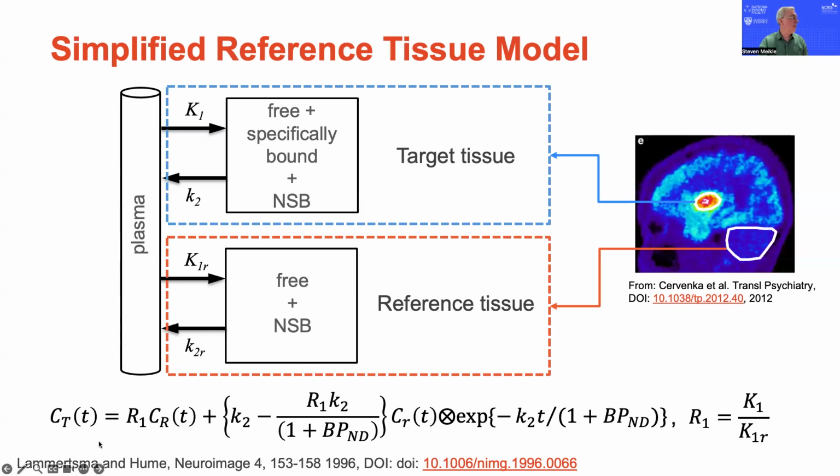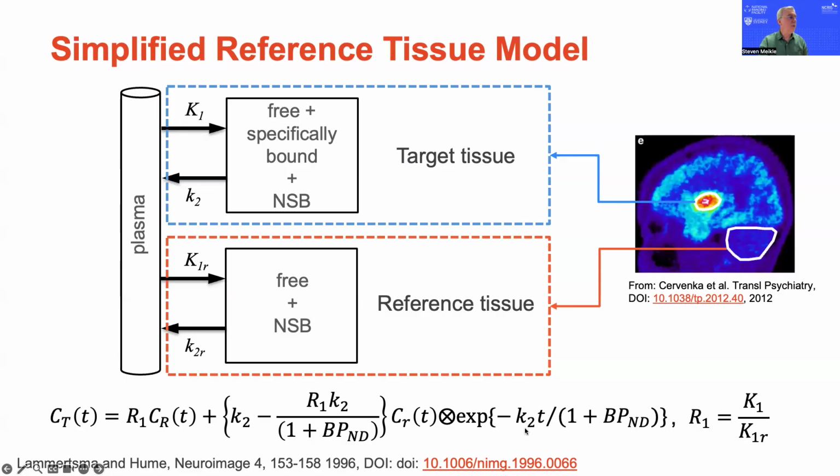If I do that, then my operational equation looks like this. And even though that looks quite complicated, actually it's not that complicated. You can use basis functions to calculate these exponentials here with different values of K2 and BPND.